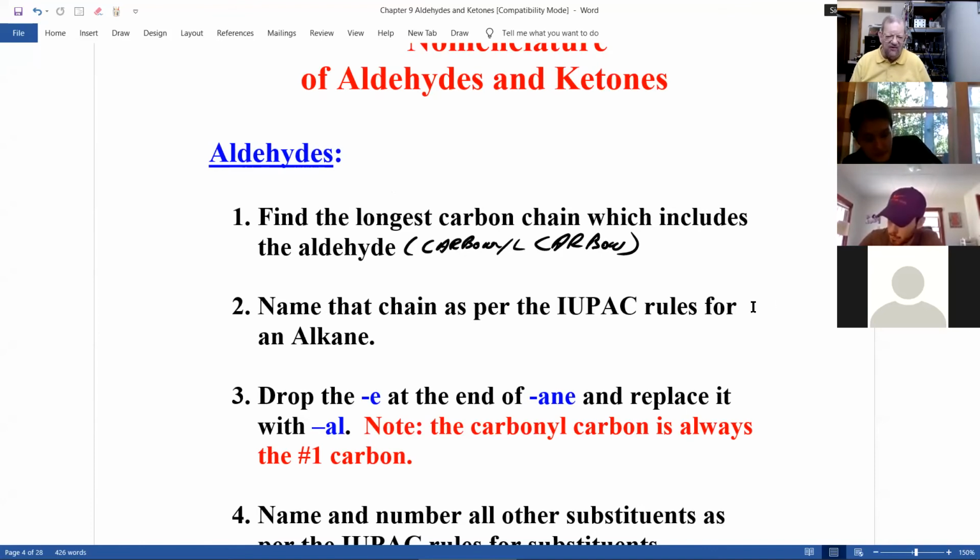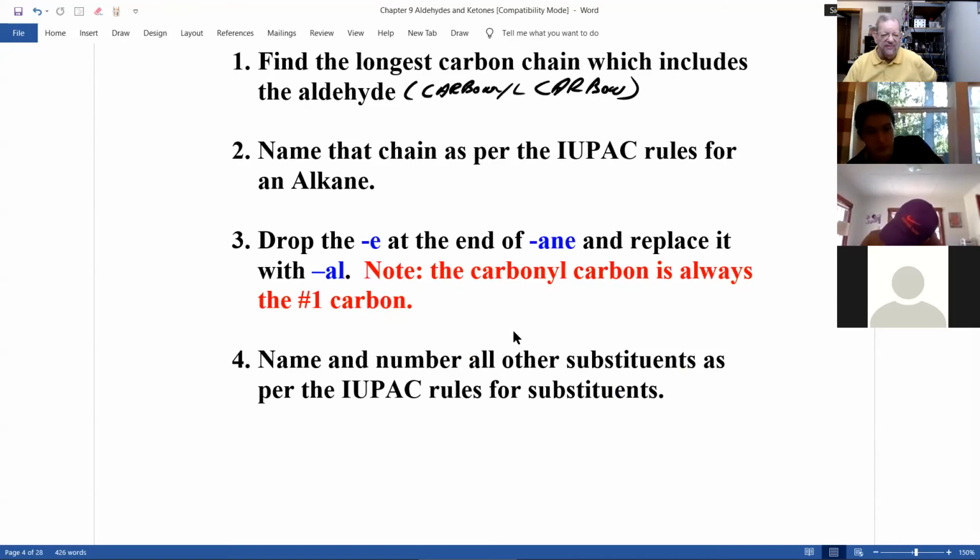Name that chain as an alkane. Then, because it's an aldehyde, you drop the E at the end of alkane, the A-N-E ending, and replace it with A-L. So this E becomes an A-L.